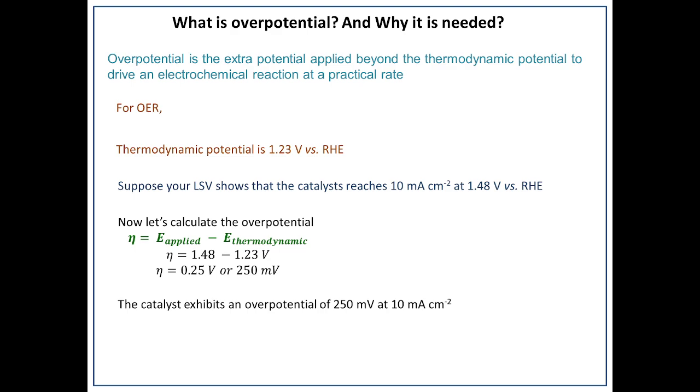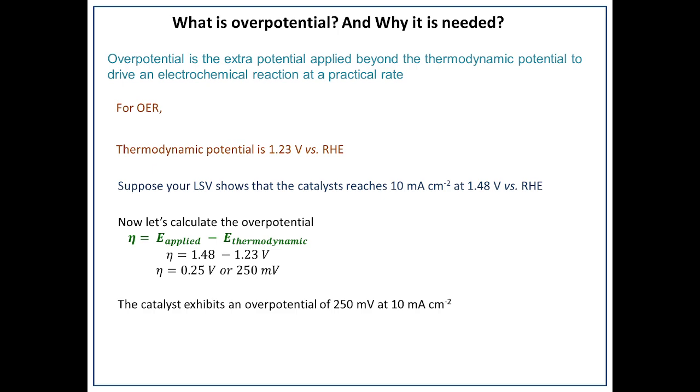In today's video, we are going to discuss one of the most important concepts in electrocatalysis, overpotential. Whenever you read a research paper, you come across statements like "this catalyst shows an overpotential of 220 millivolt at 10 milliampere per centimeter square." But have you ever stopped and asked yourself, what exactly is overpotential?